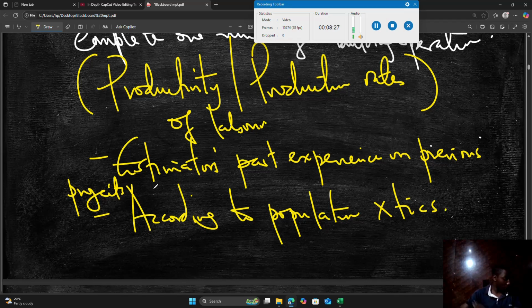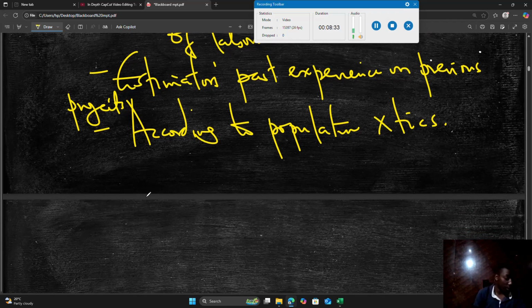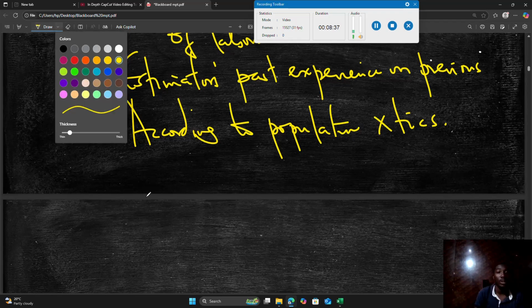That said, I want us to dive deeper and carry out an all-in labor rate calculation. What makes up the cost of labor? Usually we take it per hour.